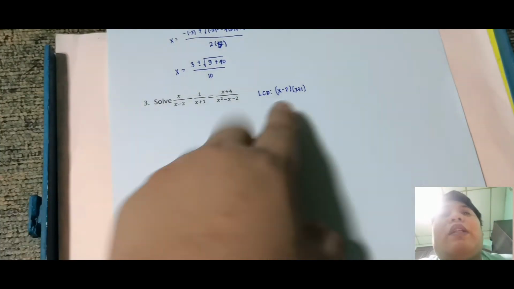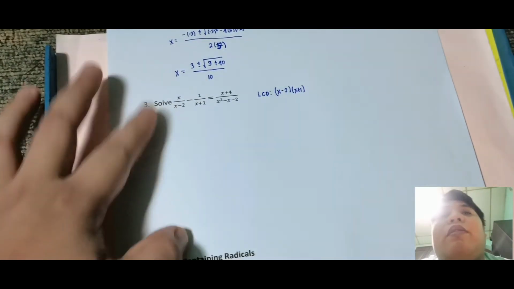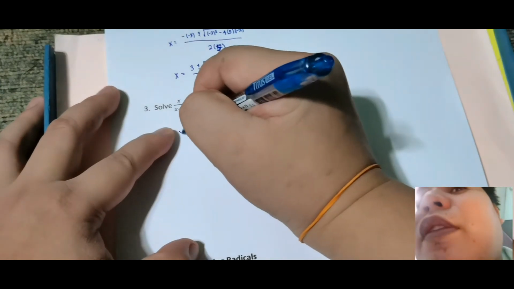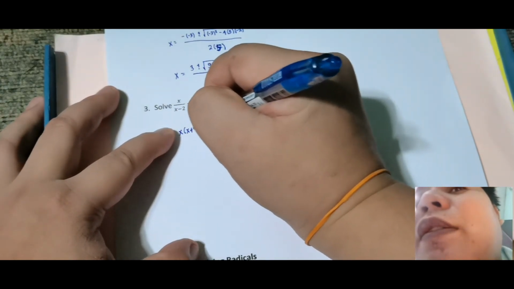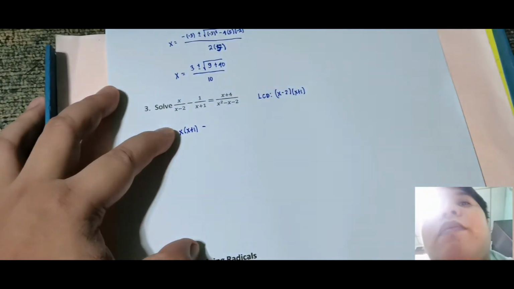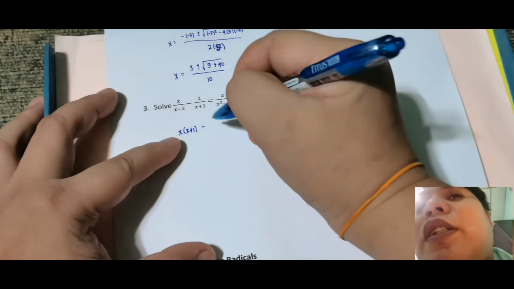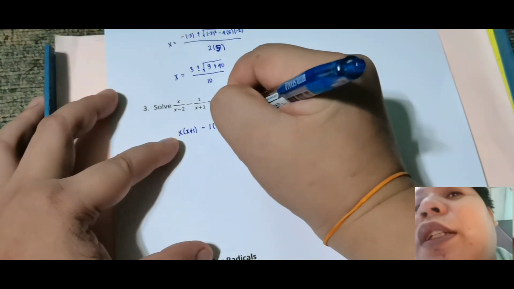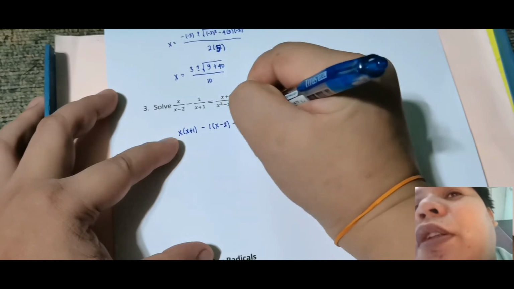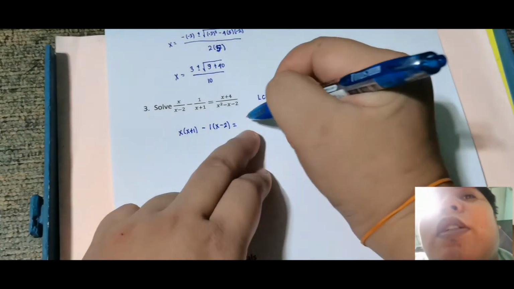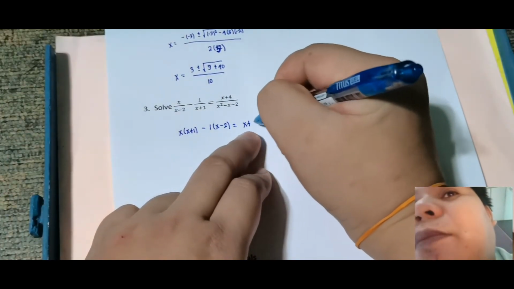So ganun ulit, x minus 2 times x plus 1 times dito, so that is equal sa x times x plus 1 minus 1 yun. Then this is 1 times x minus 2 equal to, sa cancel to, so this is x plus 4.